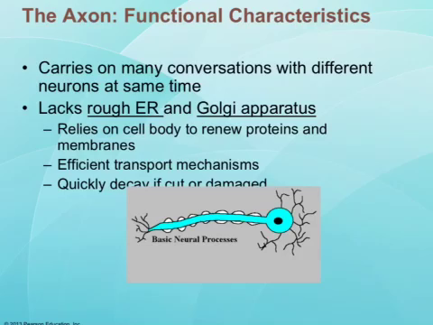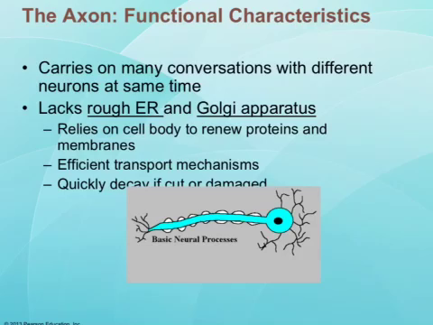So it is very important for the cell body to renew proteins and membrane, and it also has all those transport mechanisms along the axon. As long as the cell body makes it, the axon is like the highway, bringing all those loads, those new products, to the axon terminal.